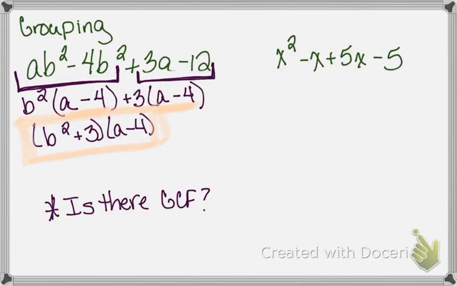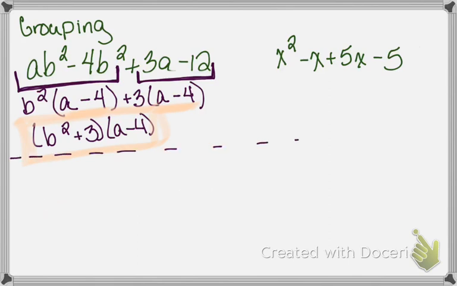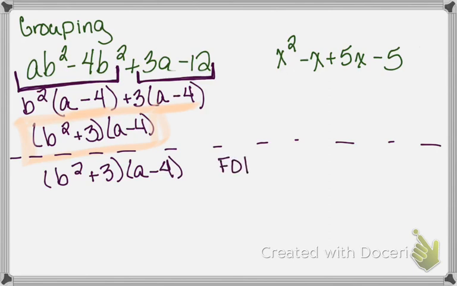Now, I want to talk a little bit as to why. Let's think about why that A minus 4 only shows up once. If I were simplifying b squared plus 3 and A minus 4, and my directions were to simplify, I would have to use the FOIL method.